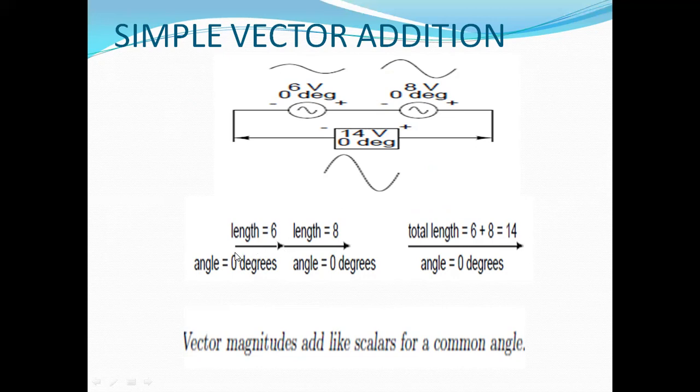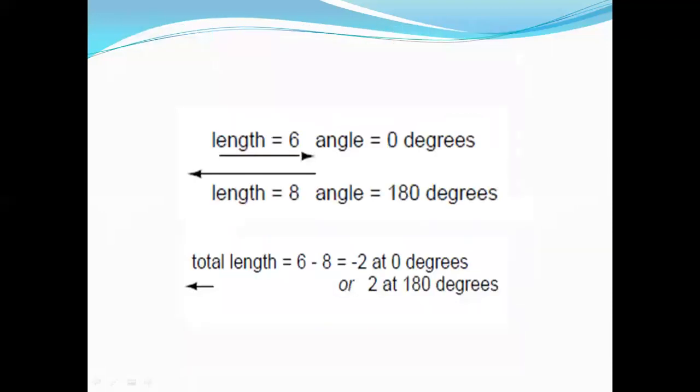This is the vector representation of 6 volts at 0 degrees, and this is another vector of length 8. Its length is 2 units more, and the direction is the same. That's why they are added. So vector addition takes place, and the resultant vector is 6 plus 8, 14 volts, and the angle is 0 degrees. So vector magnitudes add like scalars for a common angle. If the angle is common, then they are added just like a scalar quantity.